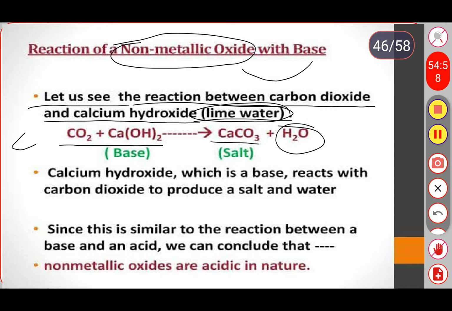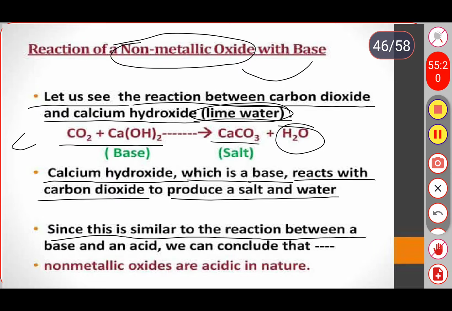So calcium hydroxide, which is a base, reacts with carbon dioxide to produce salt and water. Since this is similar to the reaction between a base and an acid, we can conclude that non-metallic oxides are acidic in nature.